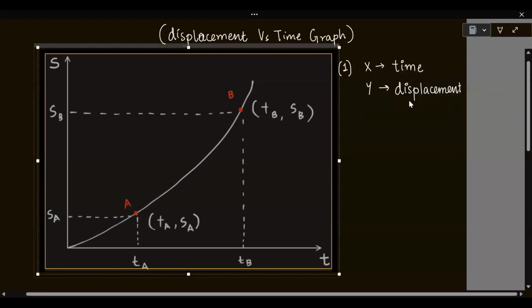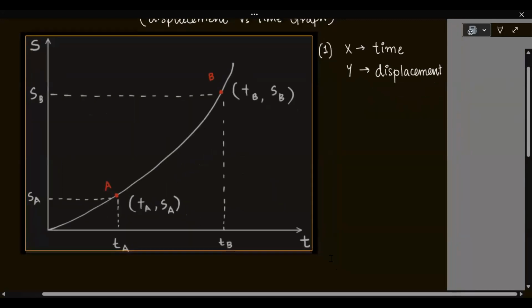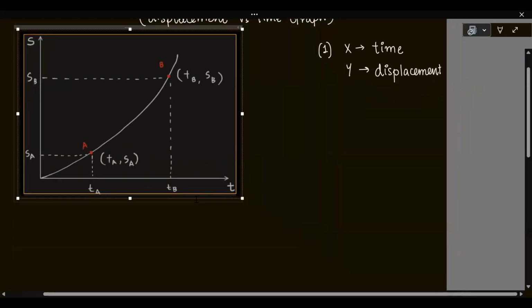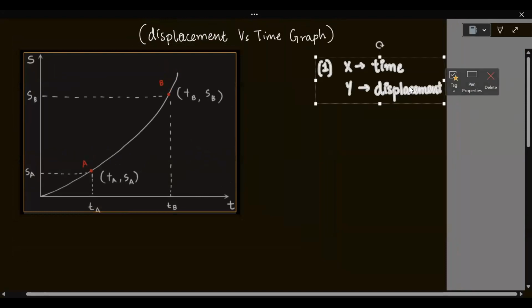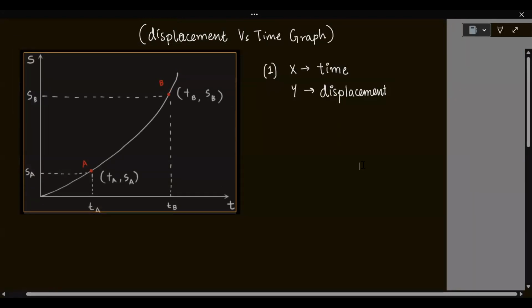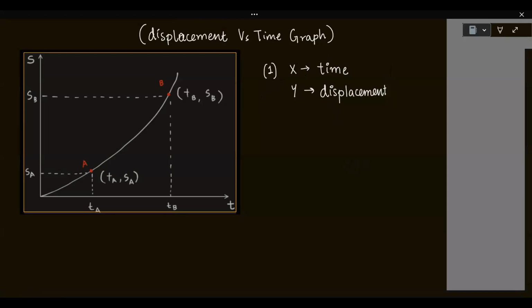There will be velocity time graphs, acceleration time graphs, acceleration displacement graphs. So you can have anything in the x and y axis, but the most important part is for you to understand what graph that is.